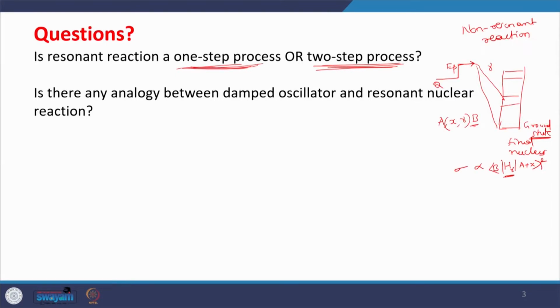What about resonant reactions? Is it a one-step process like non-resonant reactions, or a two-step process? We will try to understand by considering the same radiative capture reaction. Can we understand the concept of resonant reactions with the help of a damped oscillator? It is also a physical system, and there are many physical systems which possess this resonance phenomenon. I hope you remember the damped oscillator.